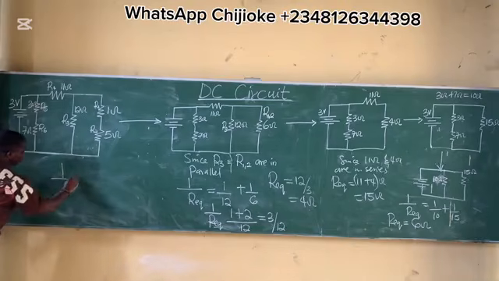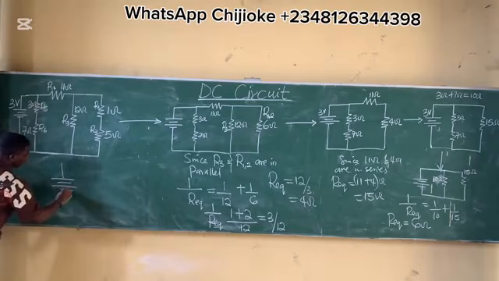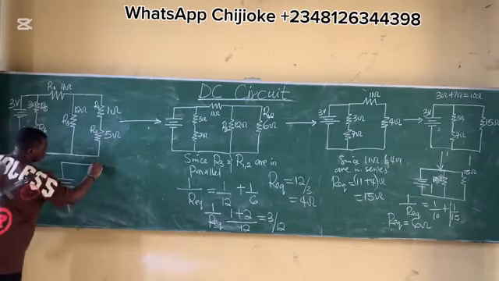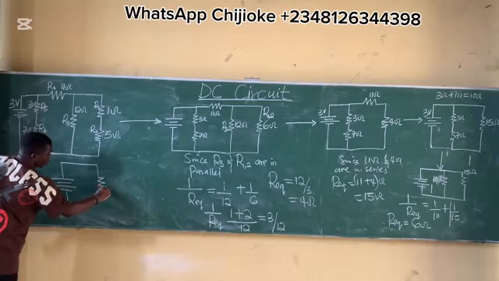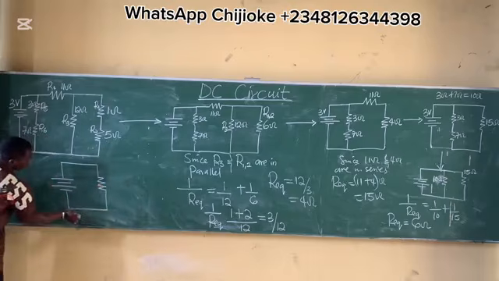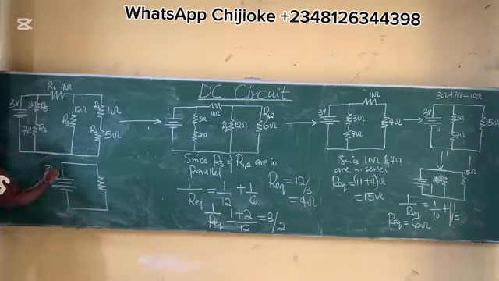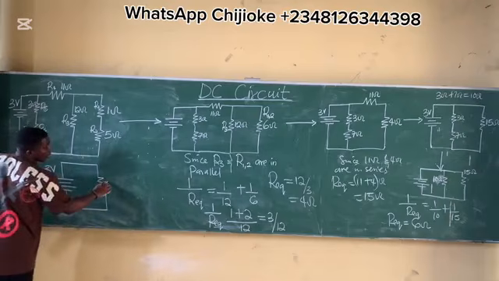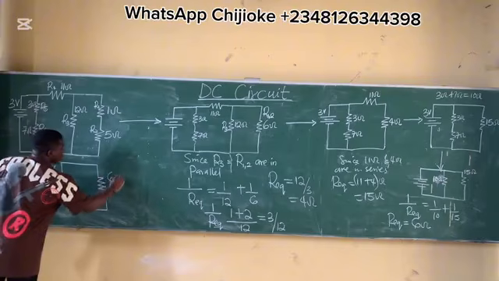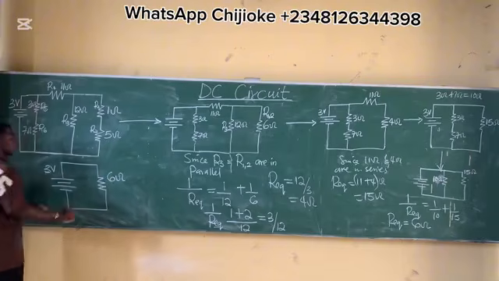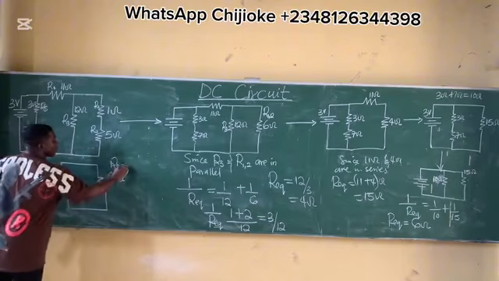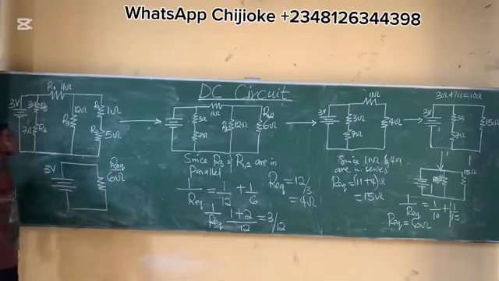Okay. These 3 volts, and what we got there is 6 ohms. So this is the equivalent resistance of the circuit, 6 ohms.